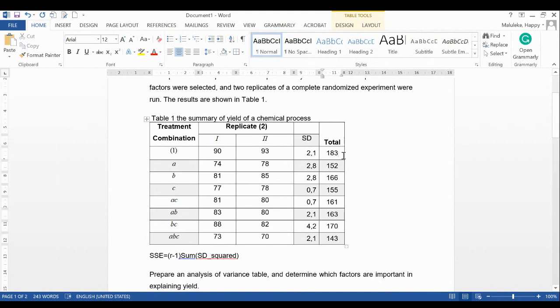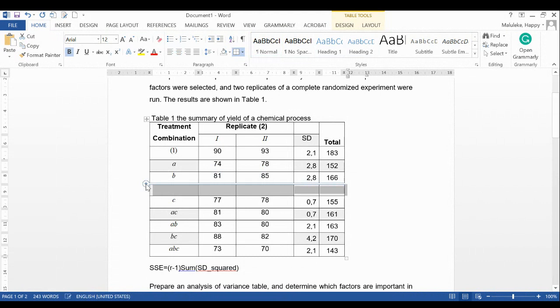Are we happy with the order of the treatment combinations? No. What is the problem?